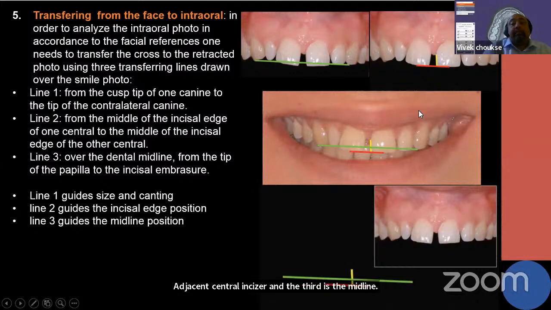When all these three lines are seen together, we can draw references that line one guides the size and the canting, line two guides the incisal edge position, and line three guides the midline position of the mouth.